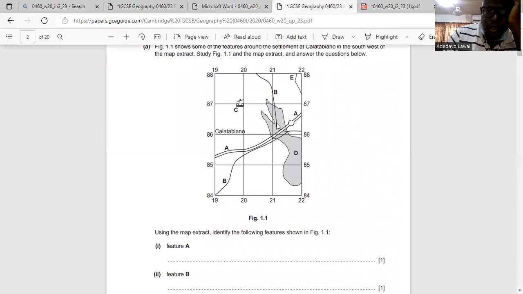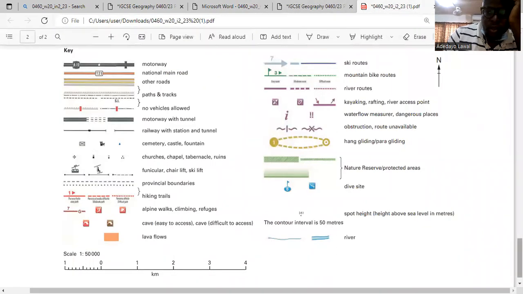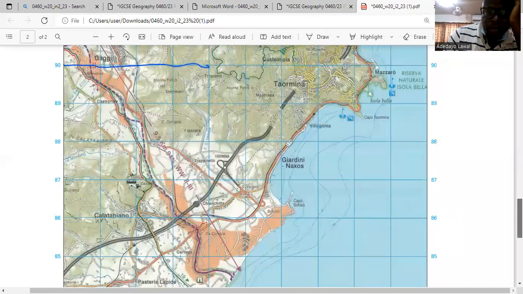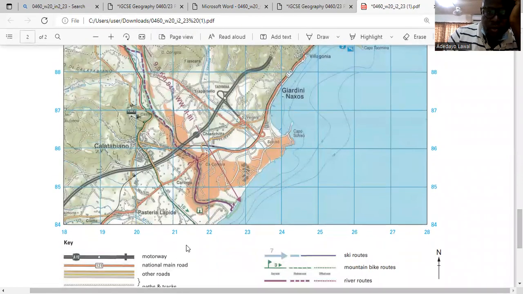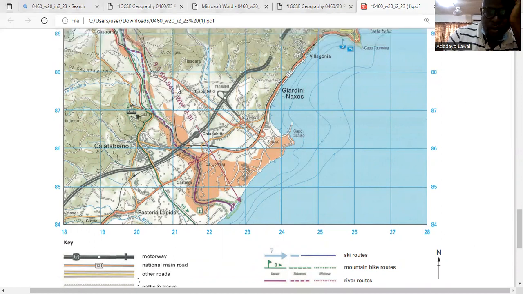So B is 21, 1, 87, 5. Look at it here. I think it should be this particular line.